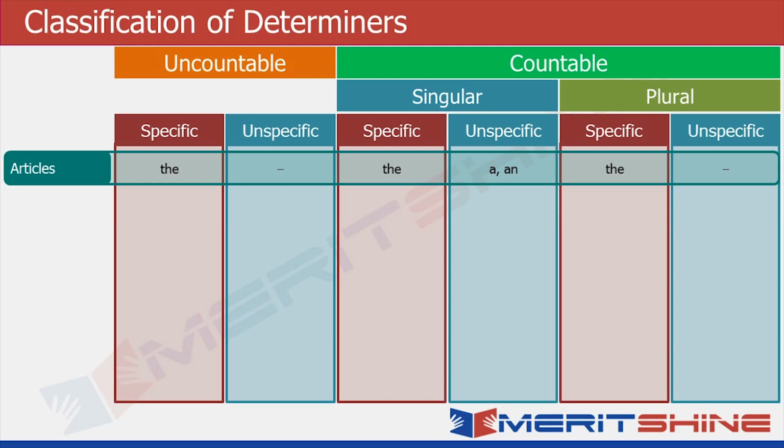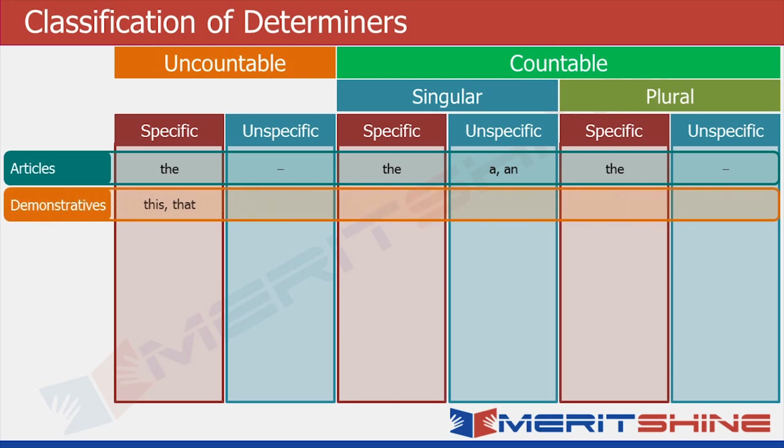The is used for both uncountable and countable nouns only in specific reference. Let us see demonstratives. They are always used for specific reference. This and that are used with singular countable and uncountable nouns. These and those are used with plural countable nouns only.